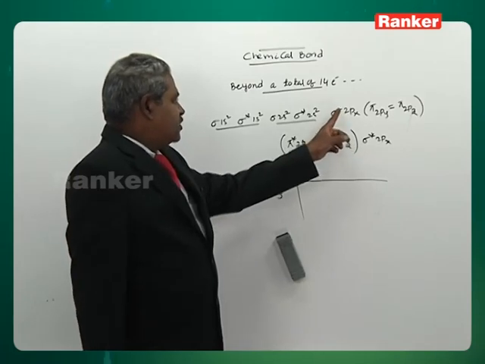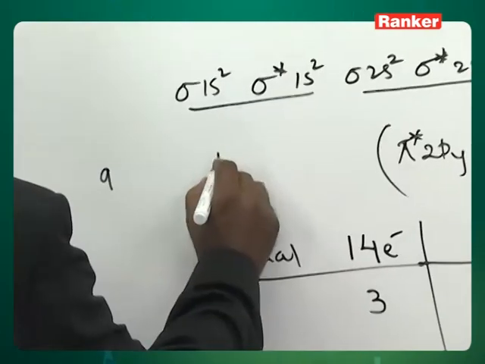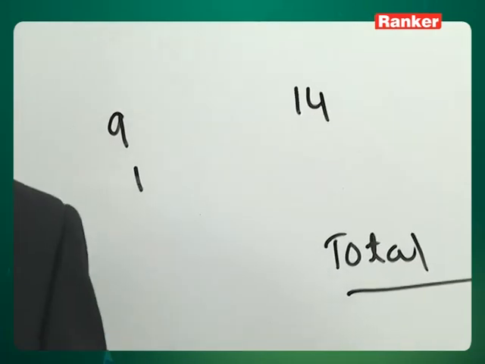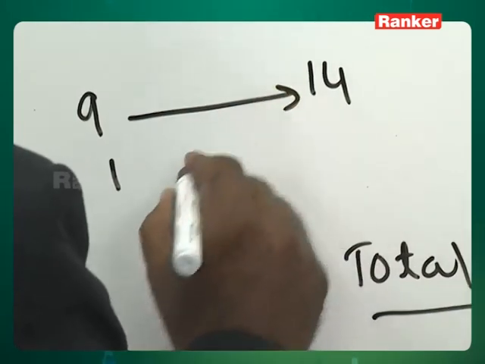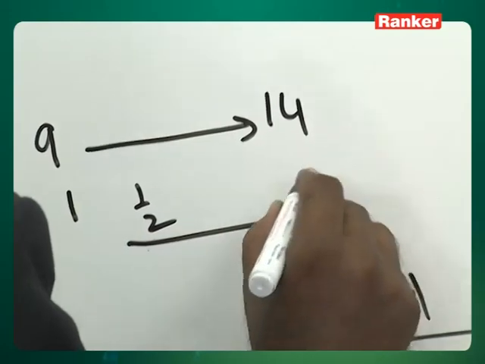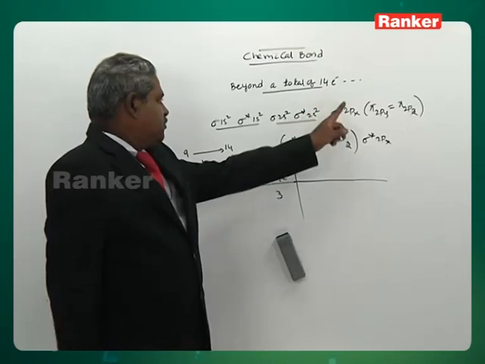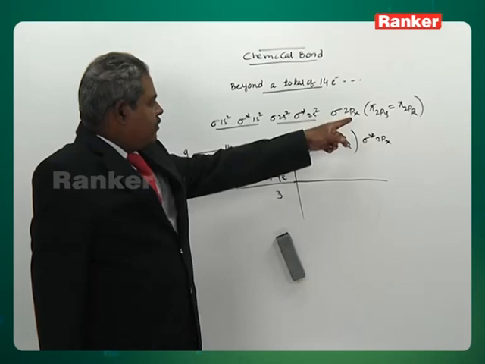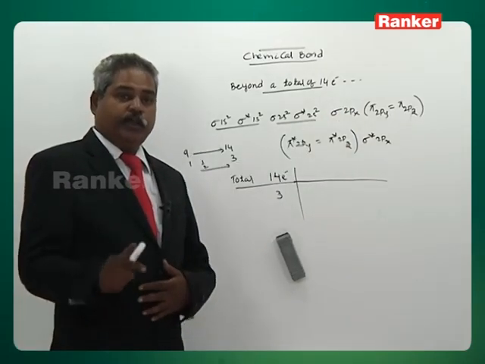From 9 onwards, you start with half and increase the bond order by half. It's very simple. 9 to 14, you start with half and go on adding half until you get 3. So 9 electrons, half. 10, 1, 11, 1.5, 12, 2, 13, 2.5, 14, 3.